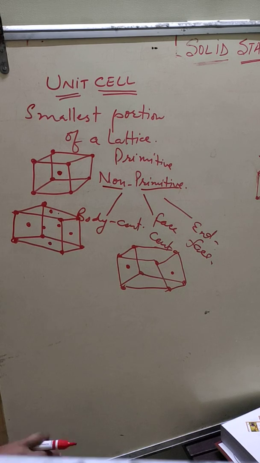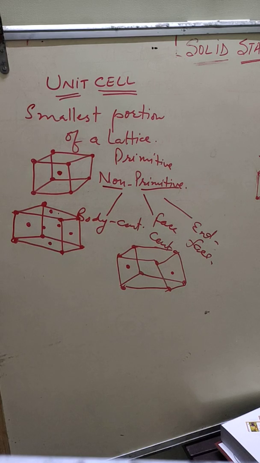So we have here the different types of unit cells. The primitive unit cell, which is the simple unit cell, has particles, which can be atoms, molecules, or ions, present at the corners only. Non-primitive unit cell means the particles are present at the corners as well as body centered, face centered and end-face centered.